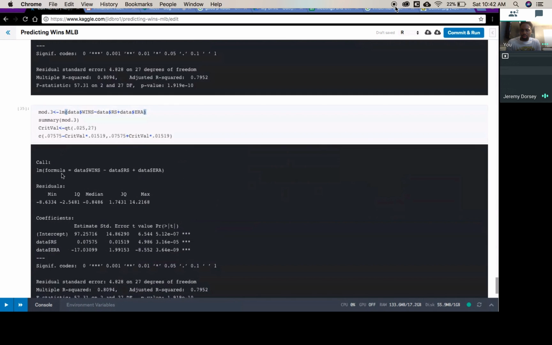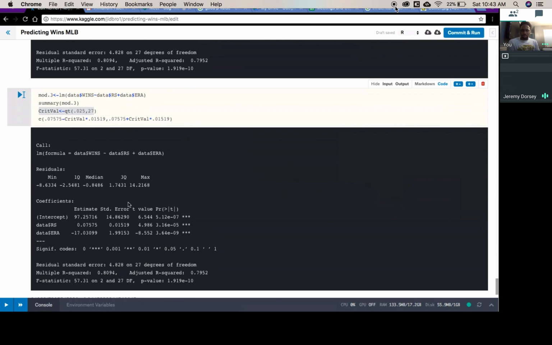And then we use this line of code right here to get a critical value. The critical value is the number that we can plug into our confidence interval formula, which is just for one side of the confidence interval. It's the estimate minus the critical value times the standard error.